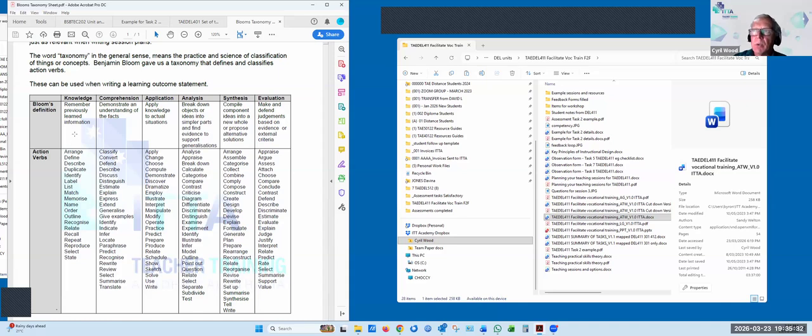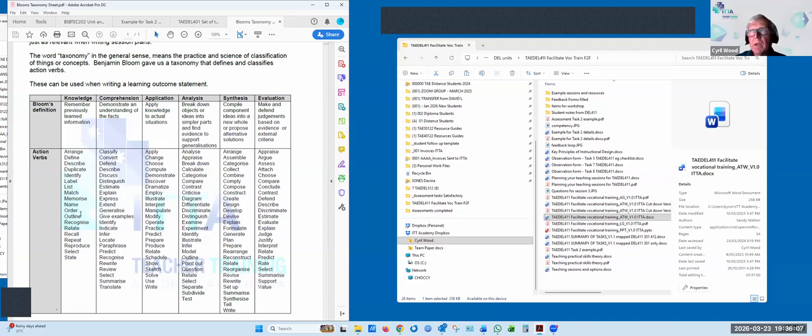And so Bloom had 6 basic areas where he said there was cognitive processing at higher and higher levels of depth of use of your brain, more complex thinking. So you have knowledge, comprehension, application, analysis, synthesis, and evaluation.